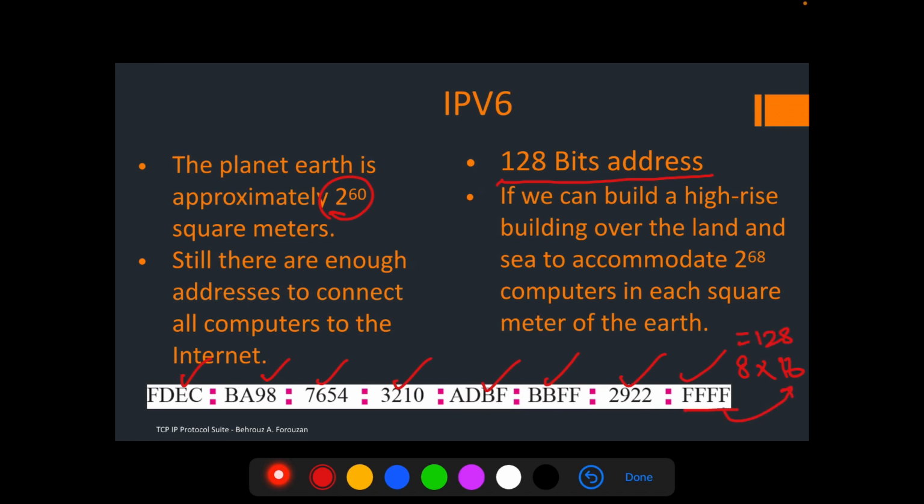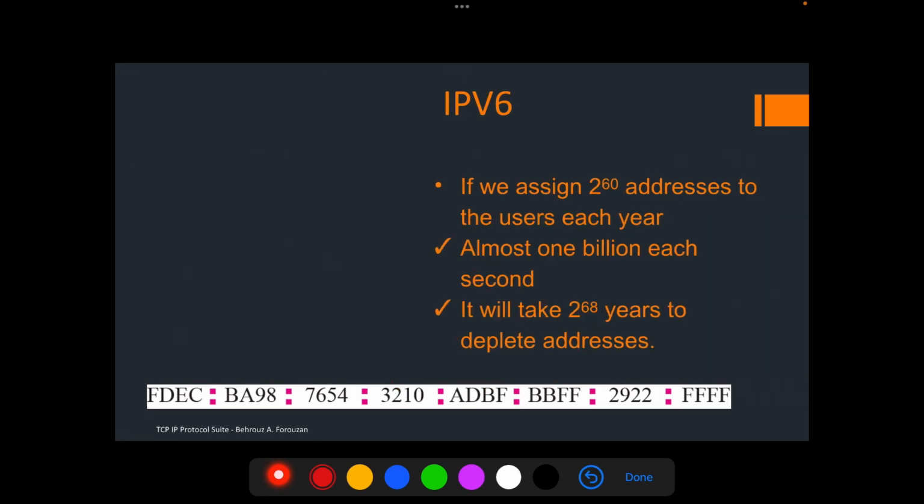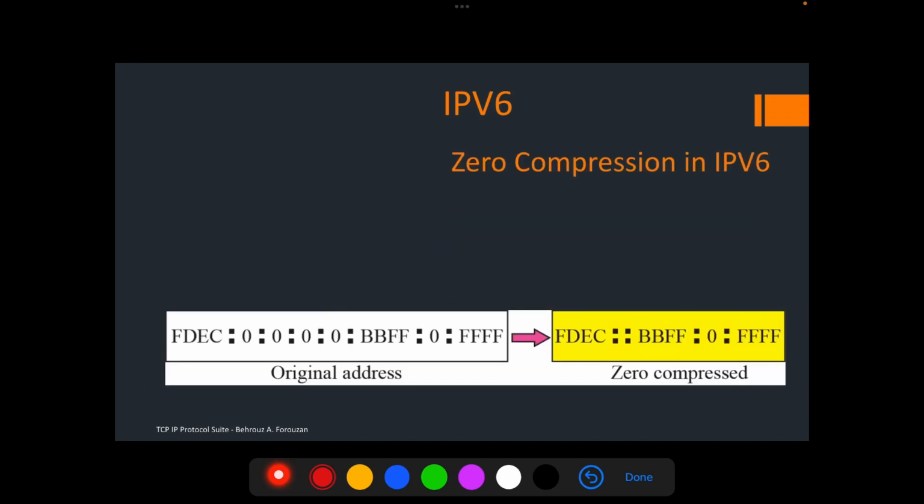So totally you get 128 bit addressing in IP version 6. We can assign up to 2 power 60 addresses each year. This is the advantage of IP version 6. And one more: it will take 2 power 68 years to deplete the addresses. That means you cannot count that.